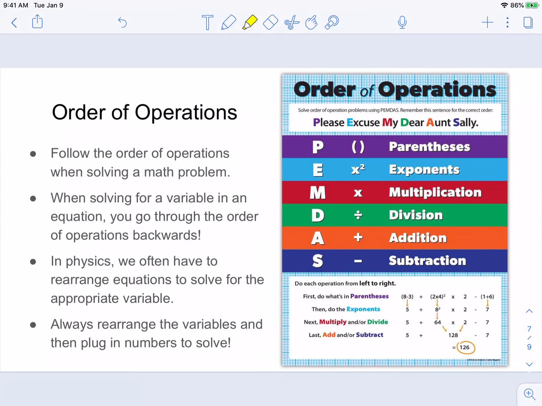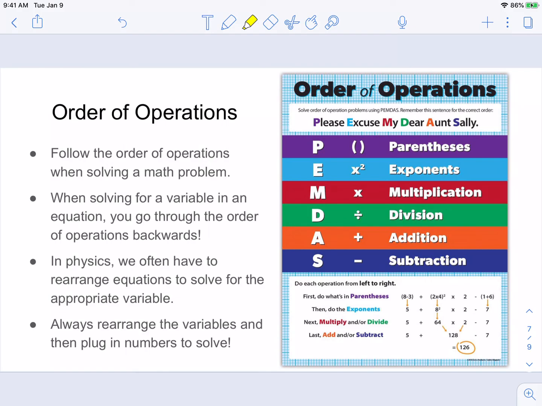Okay. We're talking algebra. We're getting closer to solving problems here. You need to be familiar with the order of operations when you're doing math. I found this very helpful worksheet online that reminds you of how you follow the order of operations when you're solving a math problem. And a lot of people use that, please excuse my dear Aunt Sally, to help remember it.